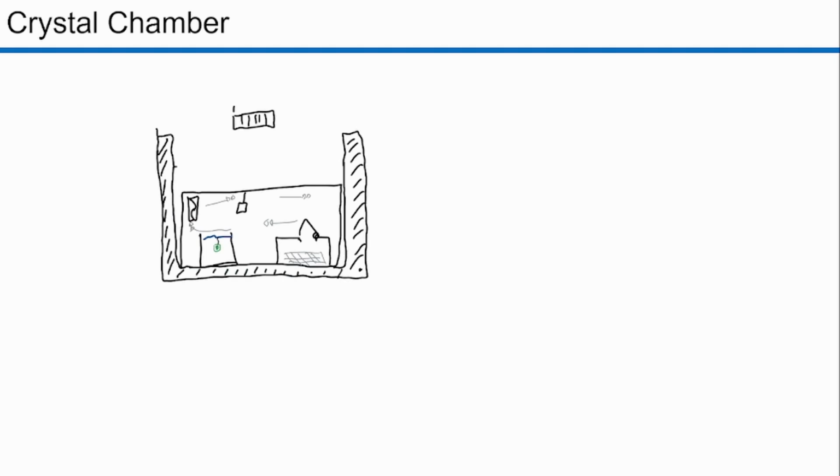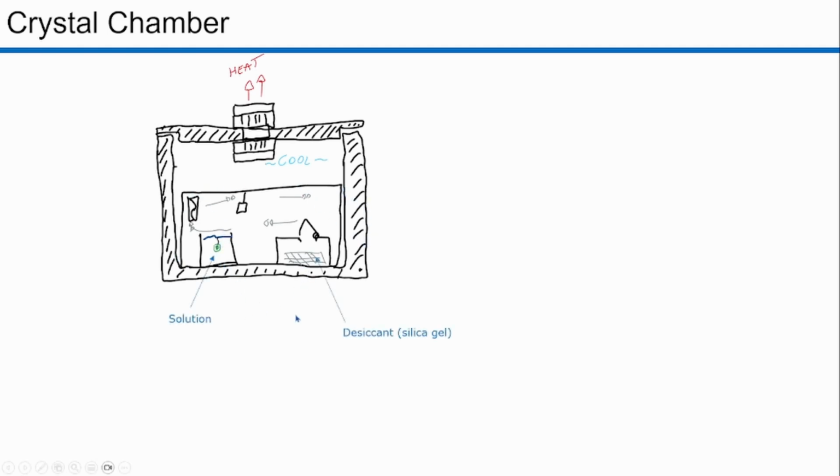Right, for more advanced control, I developed this machine that I call the crystal chamber. So considering all the variables that we talked about, I made this schematic here where we have the solution in a closed environment. There's the desiccant, in this case silica gel. There's a trapdoor to regulate how much air comes into the desiccant chamber and gets dried out.